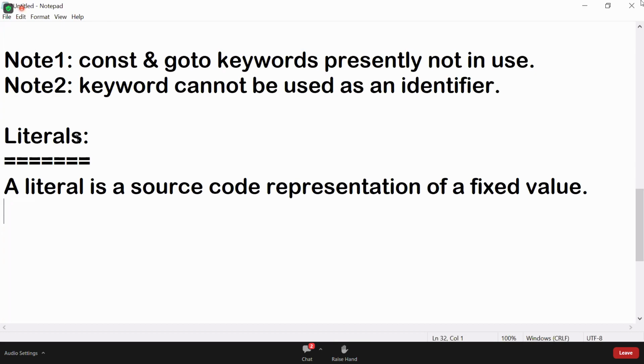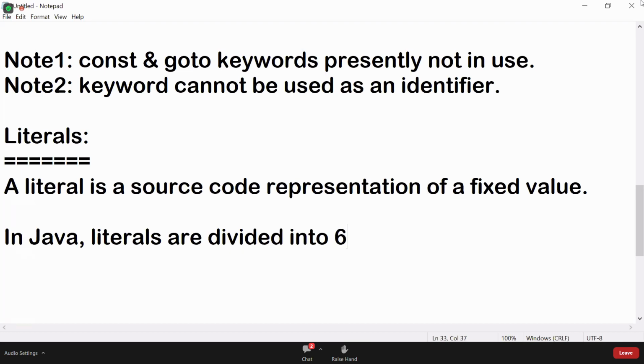Literal is nothing but source code. I'll explain, and by seeing that you'll understand. In Java, literals are divided into six categories.